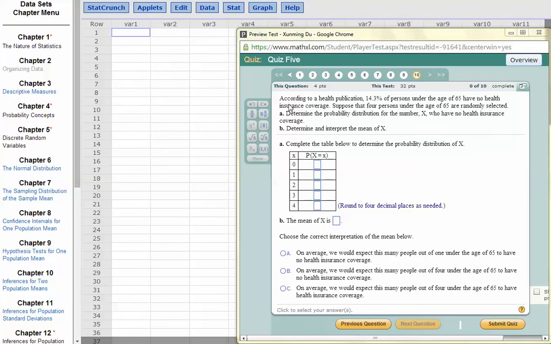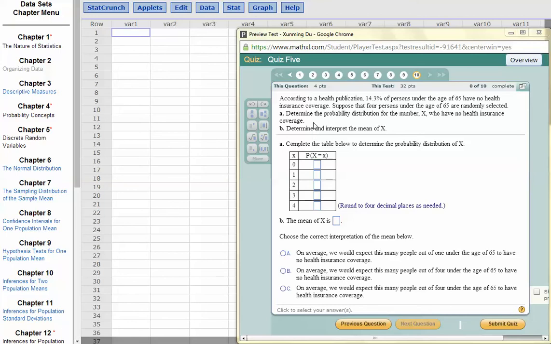This question says that according to a health publication, 14.3% of persons under the age of 65 have no health insurance coverage. Suppose that 4 persons under the age of 65 are randomly selected, and here we want to do 2 questions.